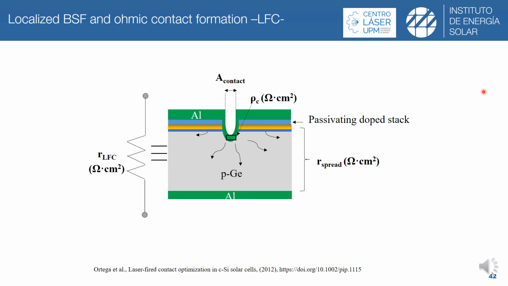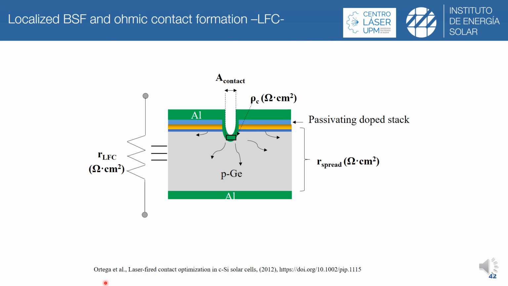So in order to analyze the electrical quality of the metal-semiconductor interface, usually the transfer length method is used, the specific contact resistance being the figure of merit. However, for the transfer length method we need large, homogeneously doped areas, and this is not our case, as we are analyzing localized back surface field for ohmic contact formation.